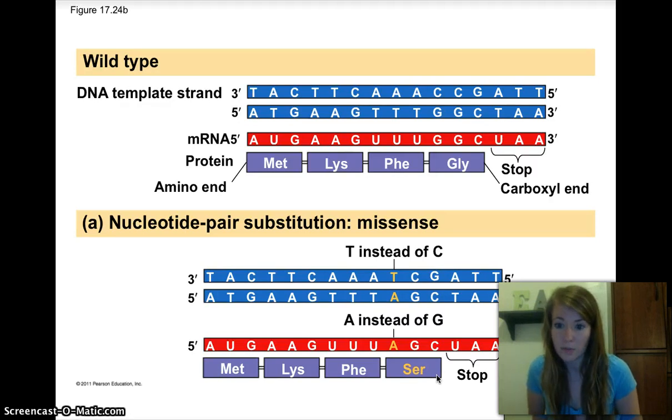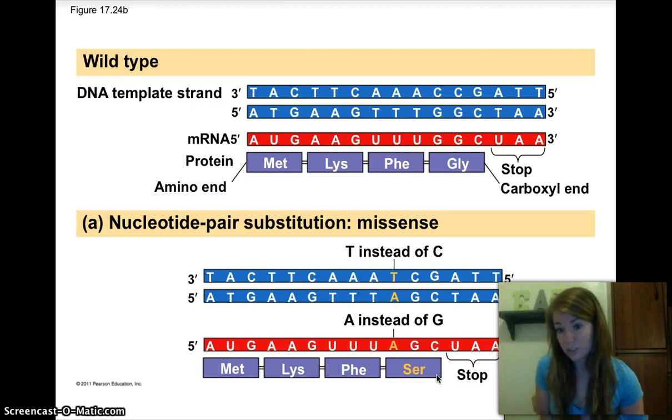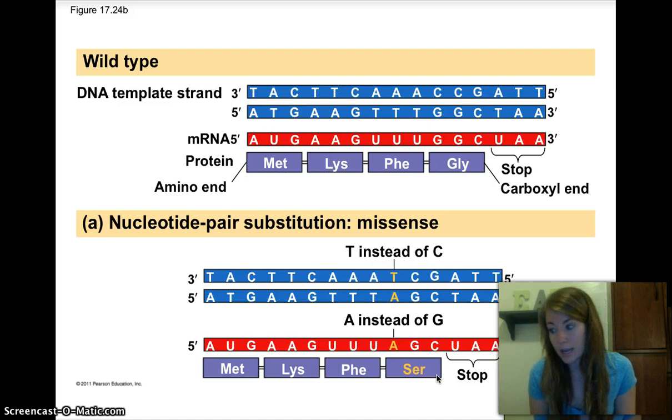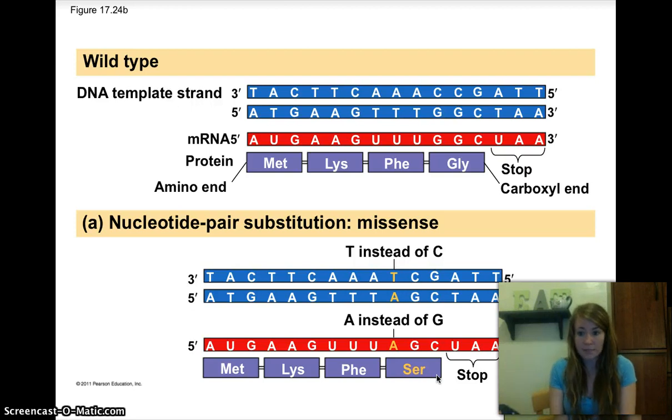So the protein's still going to be fine and still do its job just fine. Or maybe this amino acid is in a part of the protein that doesn't really have much to do with its job. Maybe it's at the end of a protein, it's nowhere near the active site. Maybe even if it's a significant change, it's not in a place that's affecting the function of the protein. So it's going to have little to no effect.